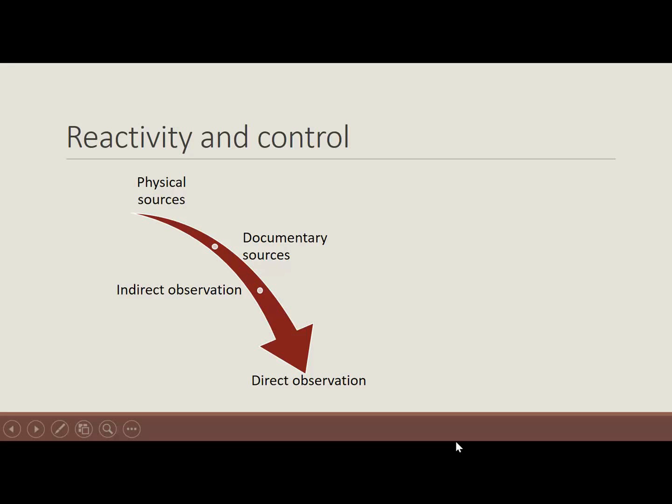But what is my problem here in terms of control? Because what I'm trying to show with this arrow is that there's a positive relationship between reactivity and control. The higher the level of reactivity, the more control I have, and vice versa. So if I am using documents as sources of data and not at all dealing with the scientists themselves, I lower my reactivity to zero, but I have very little control.